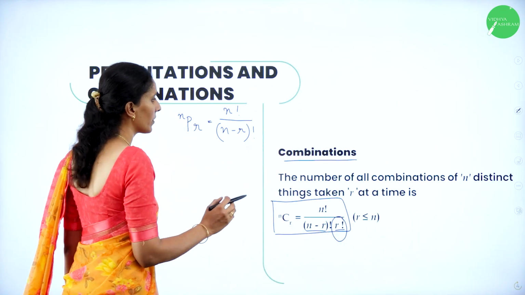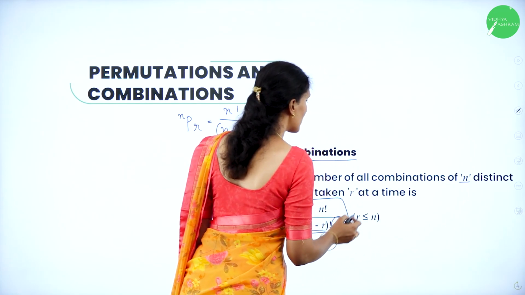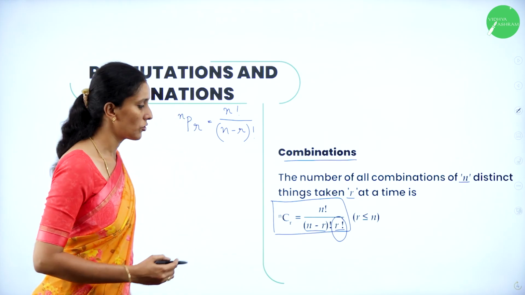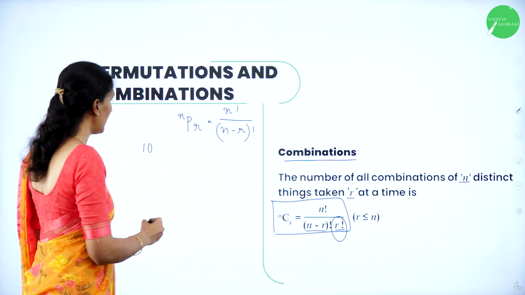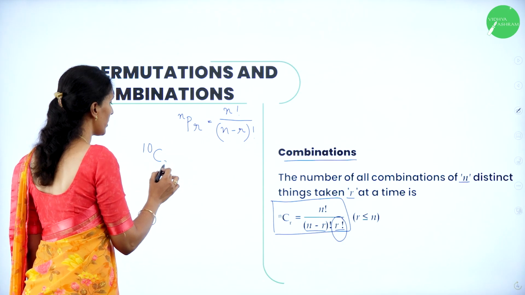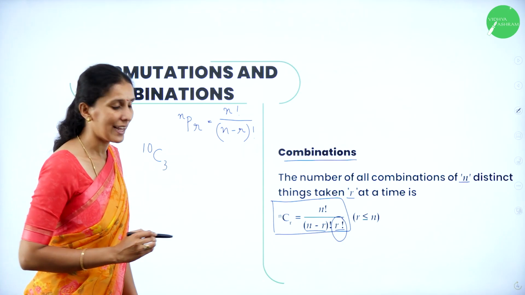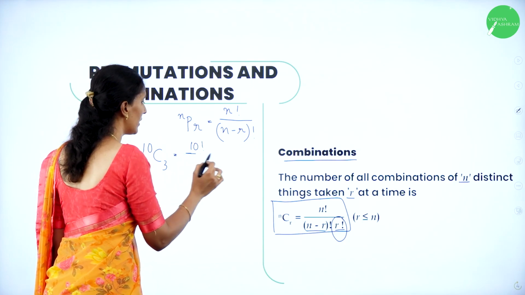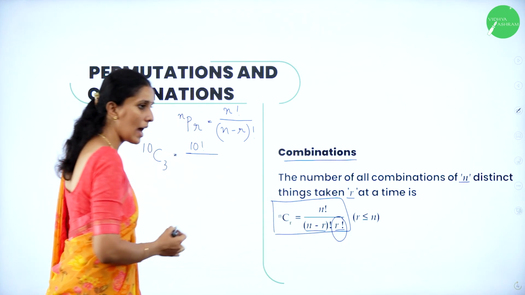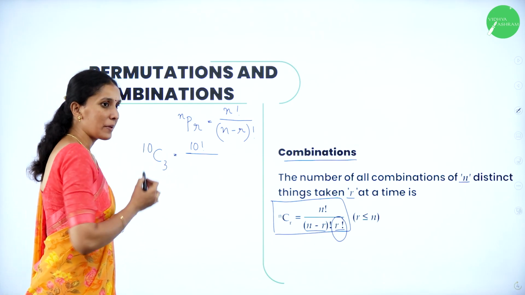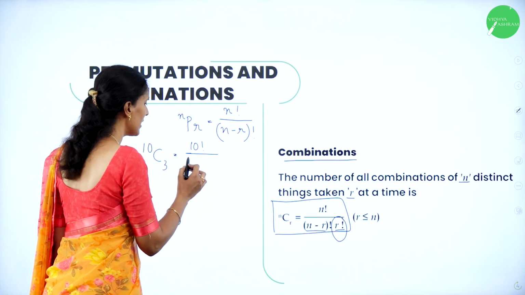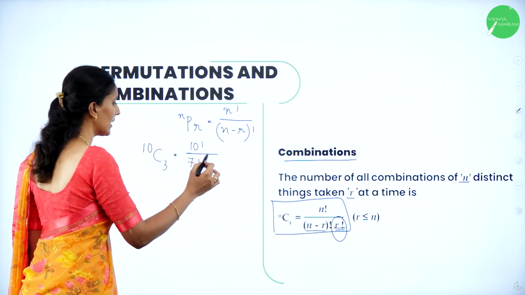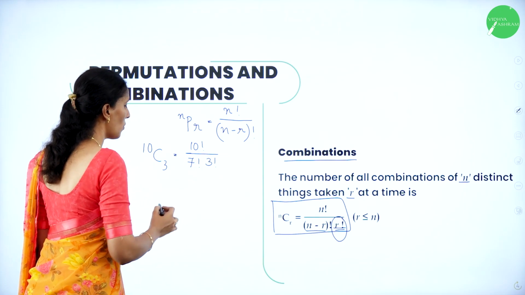Now they have given you n distinct objects taken r at a time. How will we simplify using the combination formula? Let me take an example, 10C3. We write it as 10 factorial divided by n minus r, so n means 10, r means 3. 10 minus 3 is 7 factorial, over r factorial again, that is 3 factorial. How will we solve?